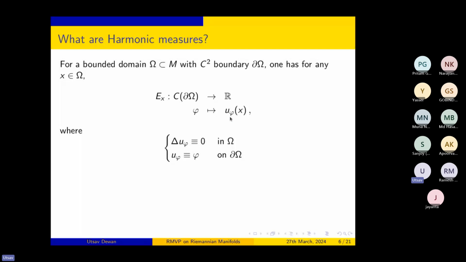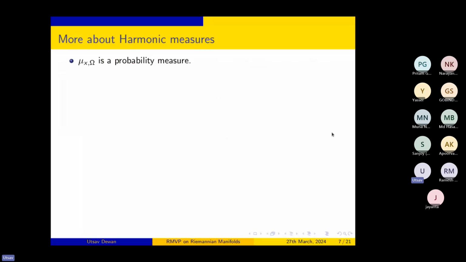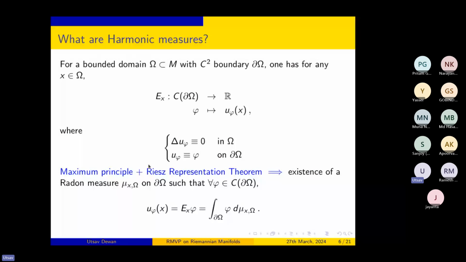You look at the harmonic extension U_phi and evaluate it at x. This is a linear map, and it would follow from the maximum principle that this is a positive bounded linear functional from C(del omega) to R. That's a simple consequence of the maximum principle.